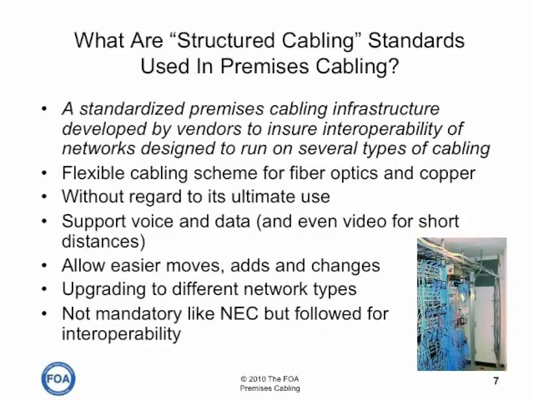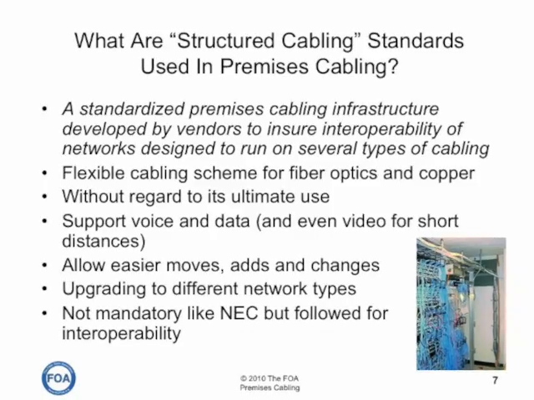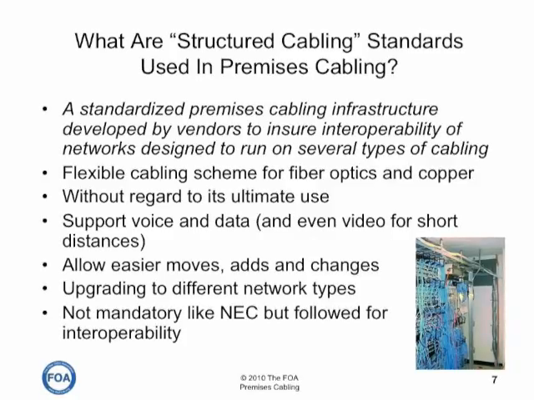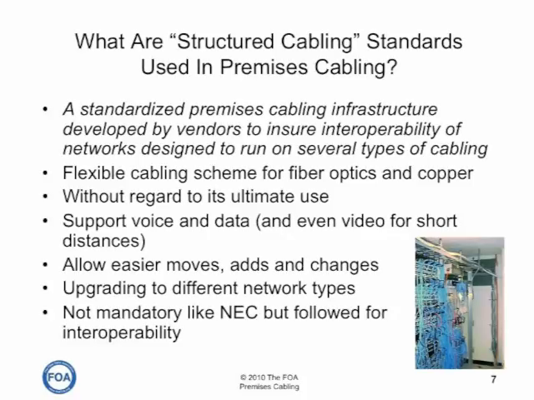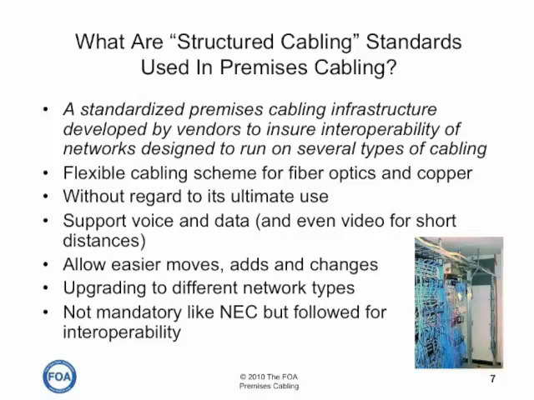What we're talking about here is basically a standardized premises cabling architecture developed by vendors, the people who make it, to ensure the interoperability of networks that are designed to run on this type of cabling.